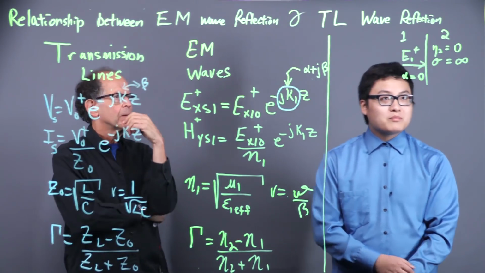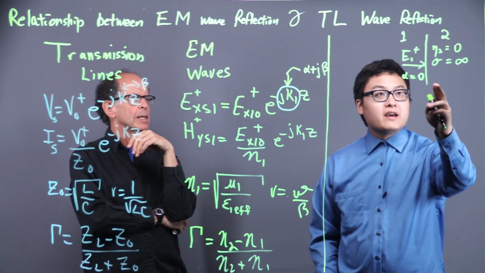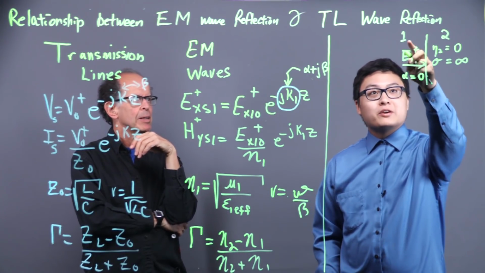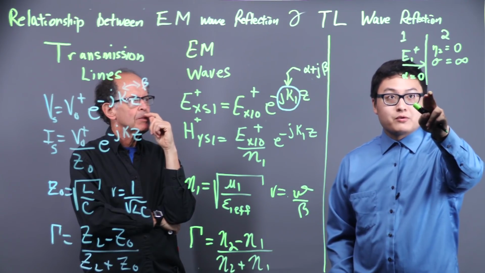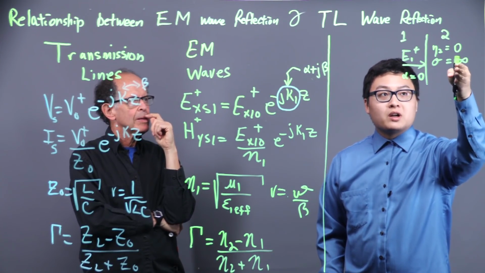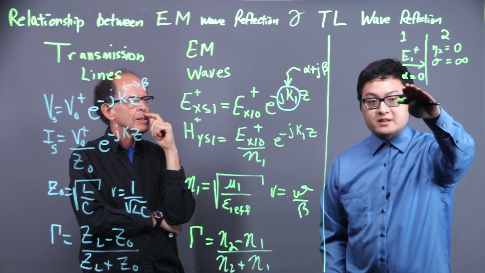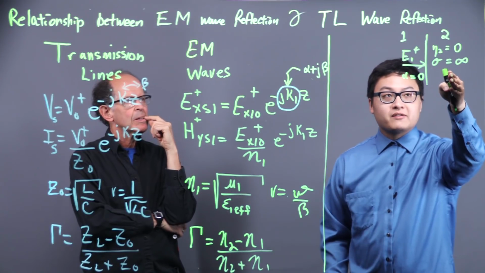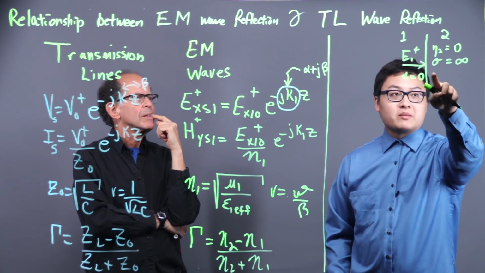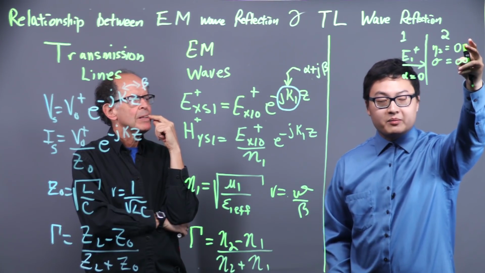Sure. So it's a pretty similar system to what we were looking at in the other video, where an EM wave is coming into a boundary. On one end, you have a vacuum in material 1, hence alpha 0, lossless. And on the other, you have a perfect conductor, with sigma being infinite, and you end up with an intrinsic impedance of 0.